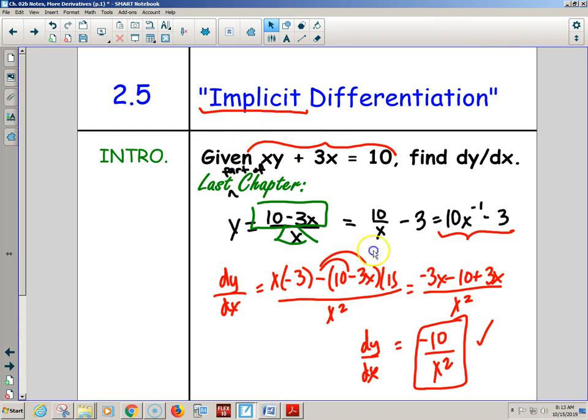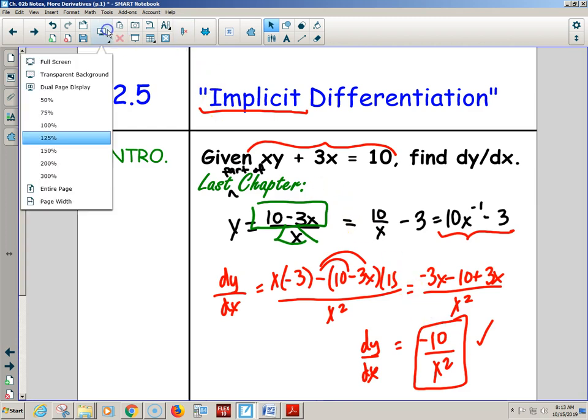Were we able to do this get-y-by-itself way? Yes. Why am I going to say the word but? We were able to do this an old-fashioned way, but why is there a whole new section if we can do it an old-fashioned way?